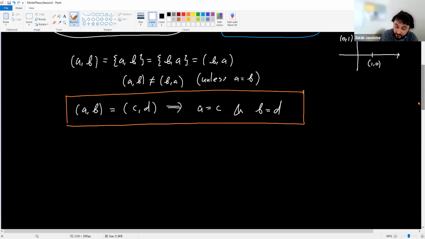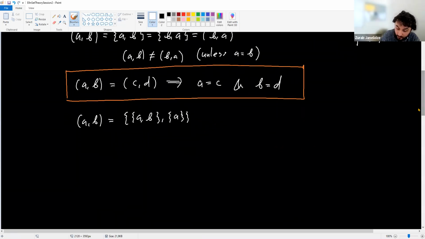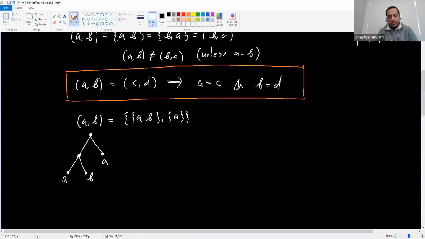Right. And then there is a well-known solution to this problem, which says that you define this as the following set. If you take this set and break it down into its elements, it has two elements. One is itself a set having two elements, which are A and B. And the other is a set having just one element, which is A. But is there any significance of isolating A?